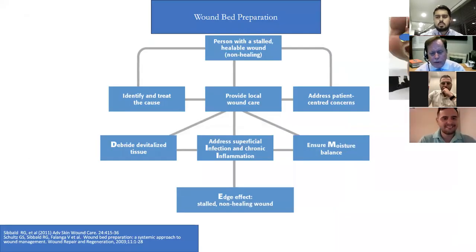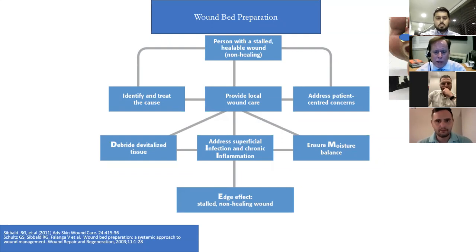When we think in terms of how to deal with chronic wounds, obviously we need an algorithm in place to be able to help us work through the maze of healing. Very often these algorithms are very complex. The wound bed preparation model is something that is extraordinarily important, because not only is it simplistic in nature, but it's very powerful.